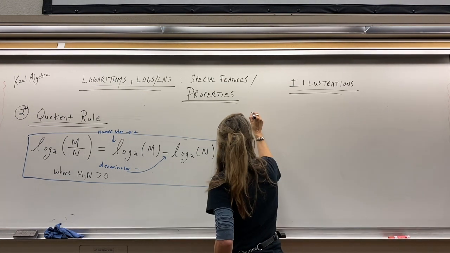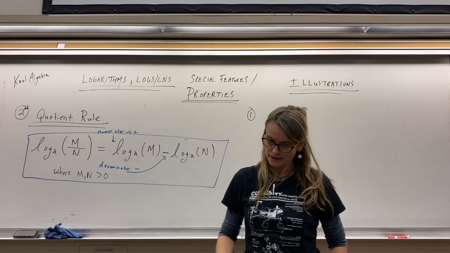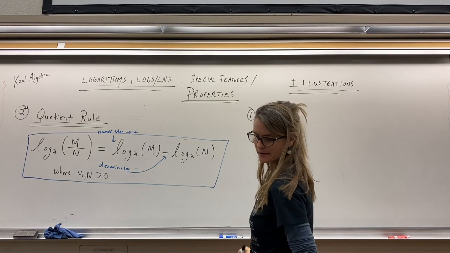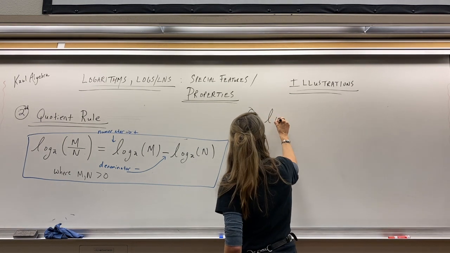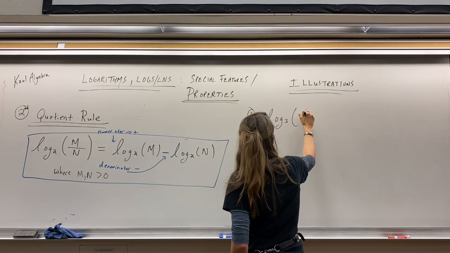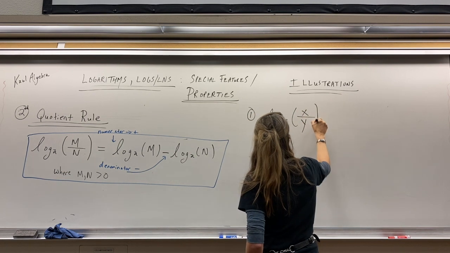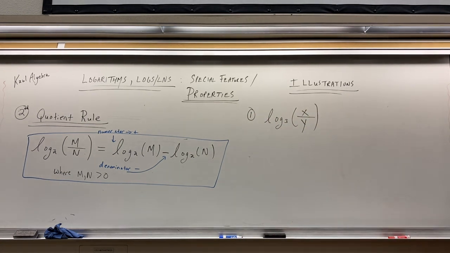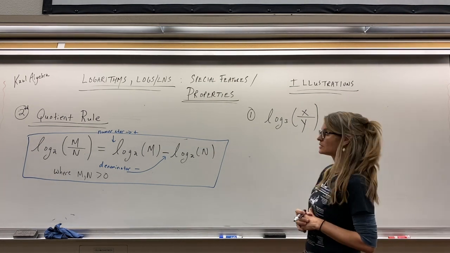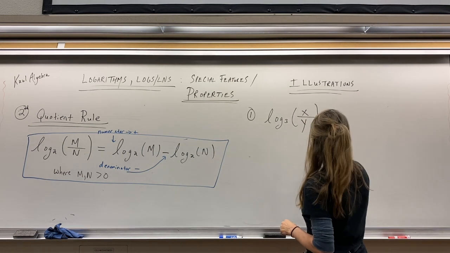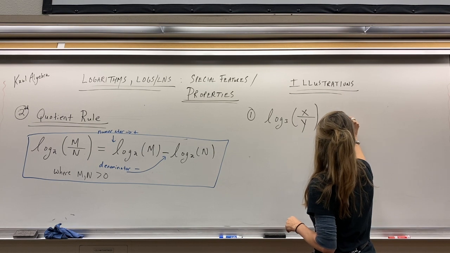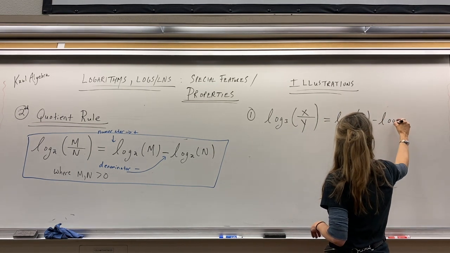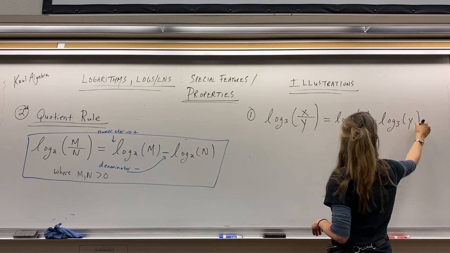Number 1, let's see some of the examples I have over here. If I had log base 3 of x over y, and I want to expand this logarithm by using my quotient rule, this is the same thing as saying log base 3 of x minus log base 3 of y.